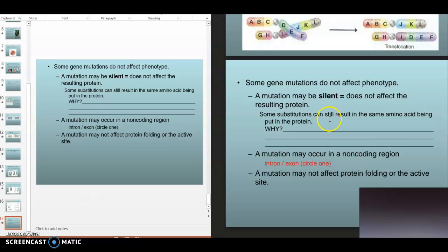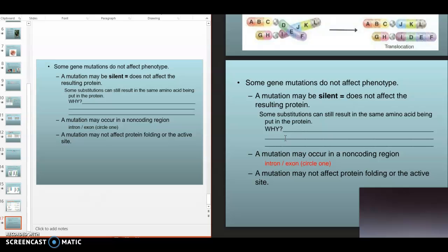Some substitutions can still result in the same amino acid being put in a protein. Why? If you need to figure this out, go back to the wheel or the codon chart that I showed you in the Jamboard problems.